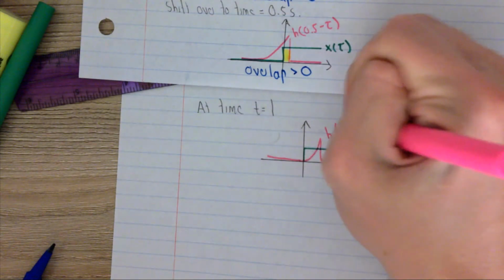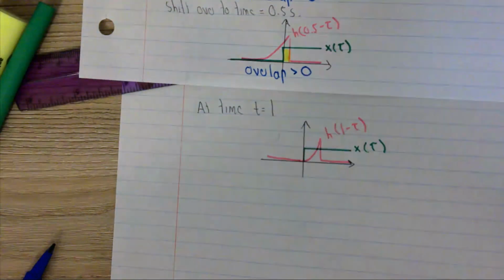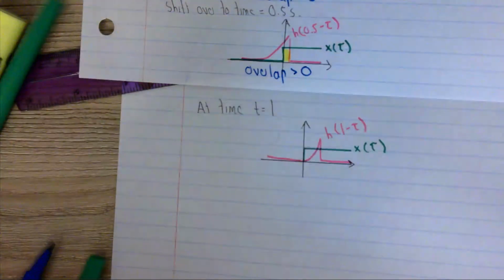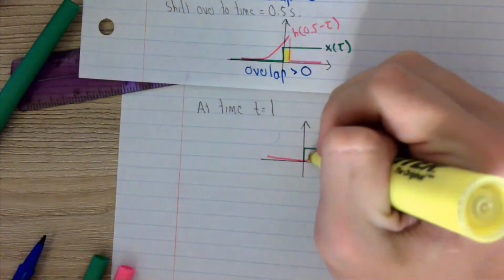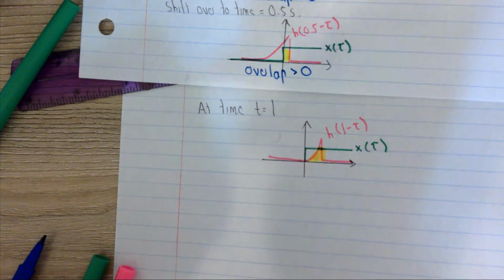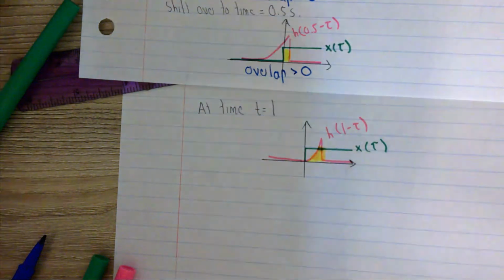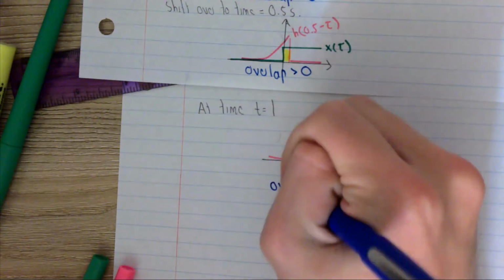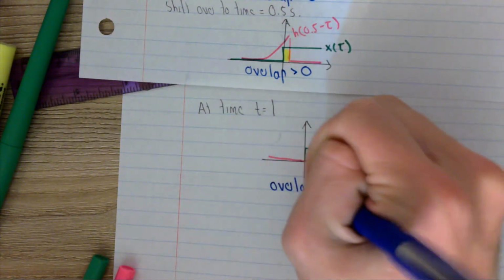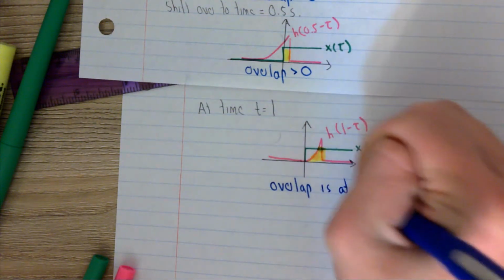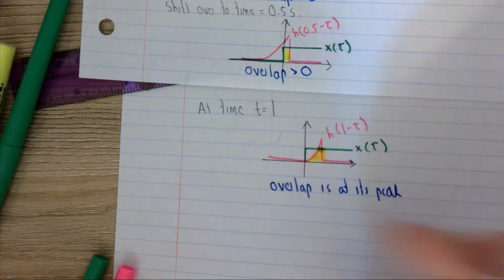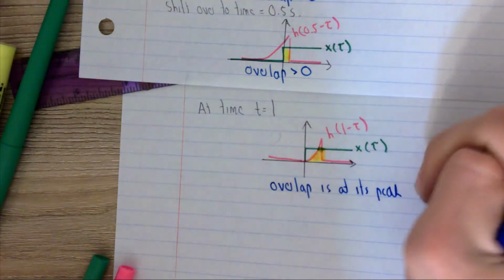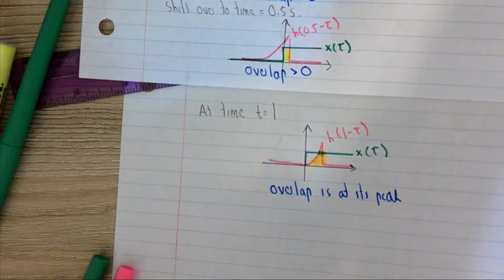And so for the two, the overlap is going to be at its peak, right? Because that's when the most amount of overlap is occurring. So the overlap is at its peak because that's the most amount.